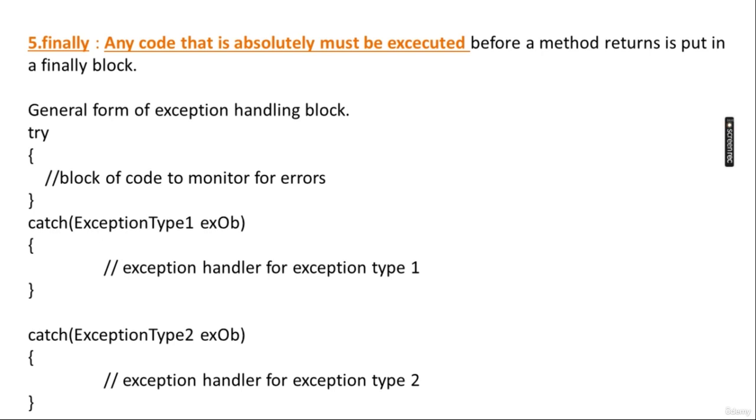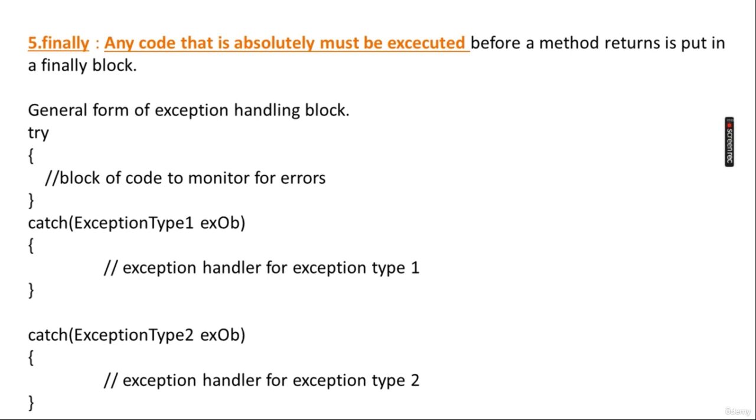Finally: any code that absolutely must be executed before a method returns is put in a finally block. Whenever an exception occurs, after the line of the error that generates the exception, execution goes directly to the catch block. Any subsequent lines after the exception line will not be executed at all.